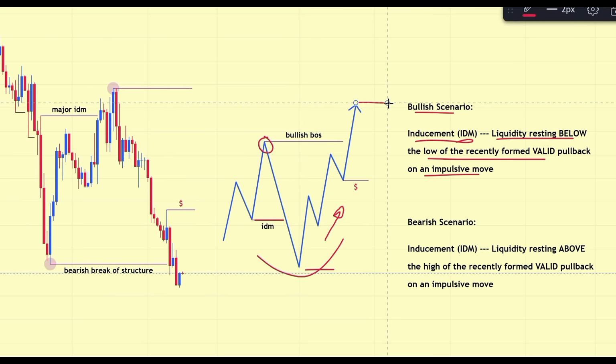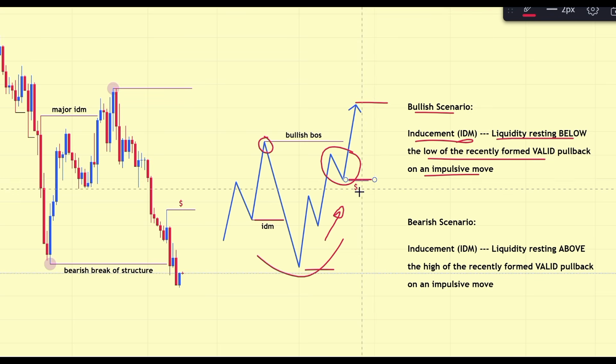So the recently formed valid pullback is that one, and now the low of that pullback is this one here. And so the liquidity resting below that low, which we call sell side liquidity, that's what we call the inducement, and that is in the bullish scenario.